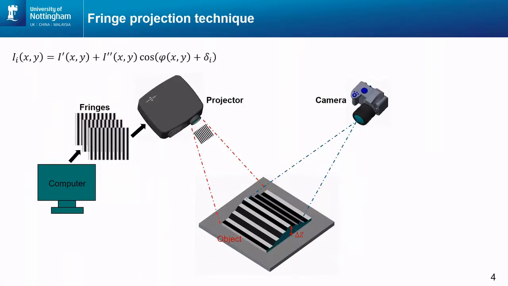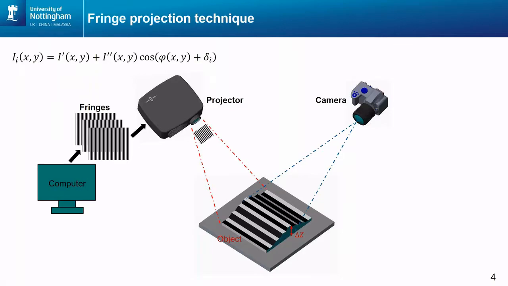The basic idea is that we generate fringes, or structured light patterns, in a computer, which vary in intensity sinusoidally and have some phase difference. We project those fringes onto the surface of the object through a projector. These fringes get distorted after projection, and the camera captures the distorted fringes from a different perspective.